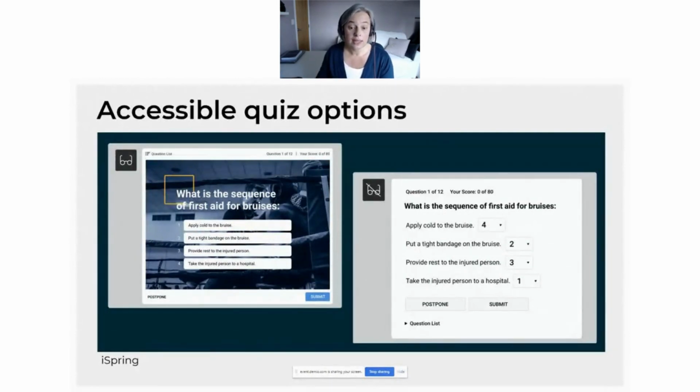Other e-learning interactivity which is commonly accessible includes true or false questions, which very often can be used with a keyboard and screen readers, and multiple choice and multiple response activities. So if the tool that you're using has interactivity which is accessible, that also provides the opportunity for content authors to be creative and innovative.